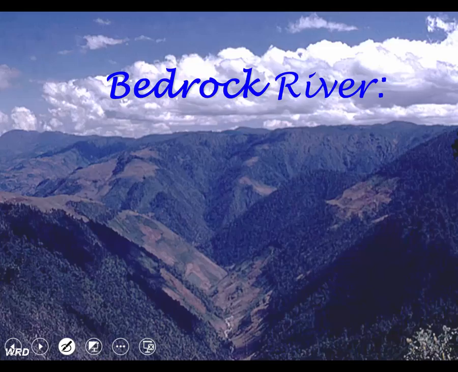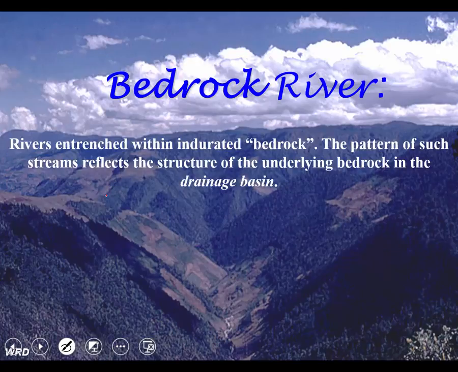Okay. Now, bedrock rivers are basically, not a surprise, those rivers that are entrenched within indurated bedrock, basically material that is no longer unconsolidated sediment. Now, we're actually not going to be too interested in those rivers, although the flow equations, for the most part, that we would look at would refer to these.